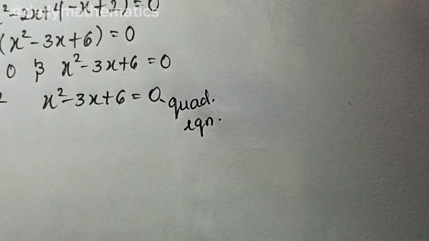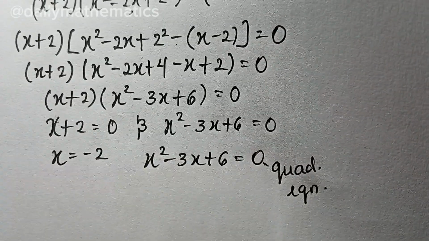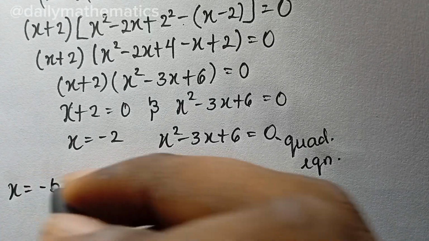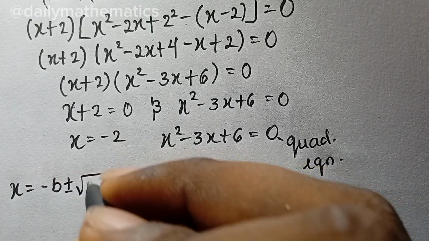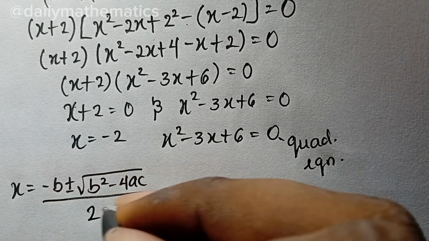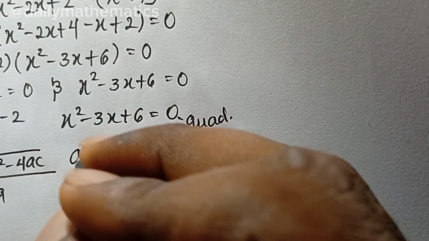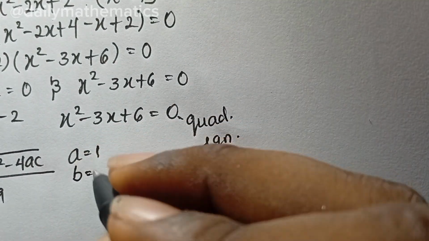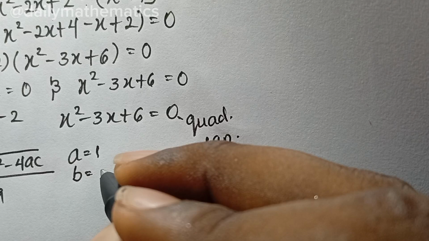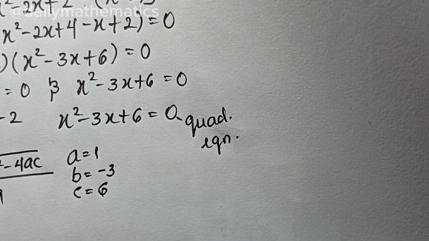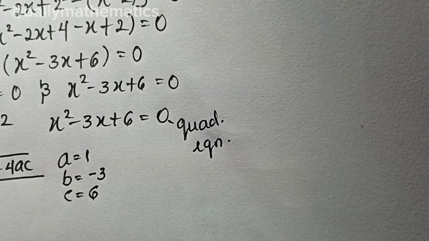We use our quadratic formula, which is x equals minus b plus or minus square root of b squared minus 4ac, over 2a. And so from here we can see a to be 1, b to be minus 3, and c to be 6.